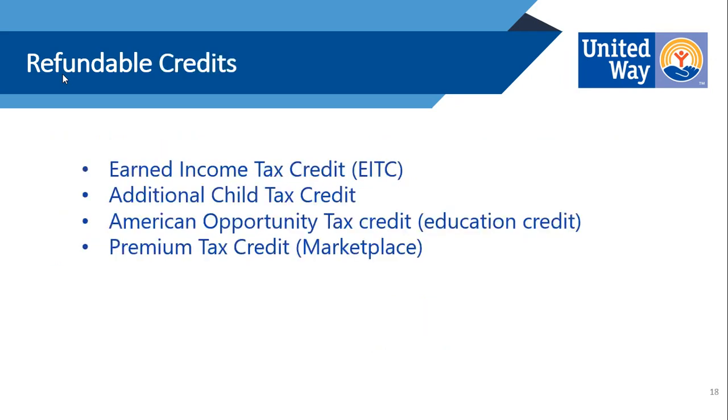And then, of course, there's always interest that they have to pay it back. Refundable credits are the earned income tax credit, the additional child tax credit, there is a refundable part to the American Opportunity Tax Credit, which is an education credit. And then Marketplace can also issue a refundable credit.